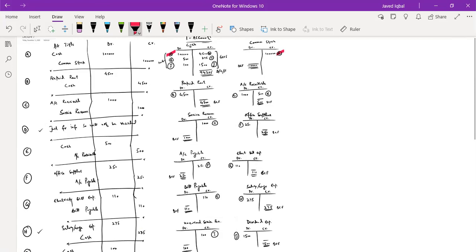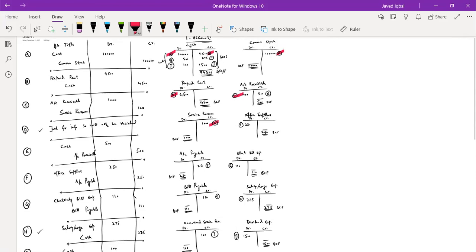You should be having debit side of B, which is prepaid rent, and credit side of B, which is cash. Then you have account receivable as C transaction. So you look at the C here, and you should have a credit side of it, which was service revenue. You can see C here.